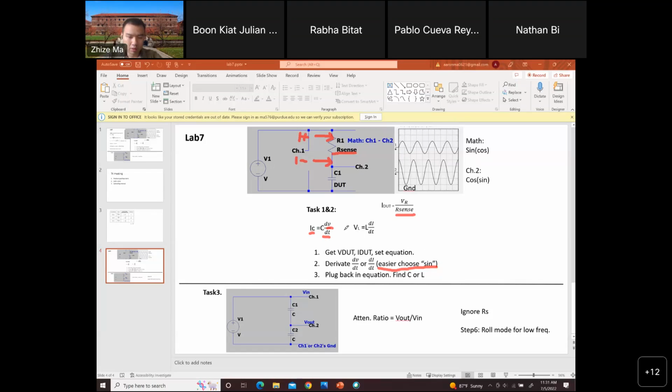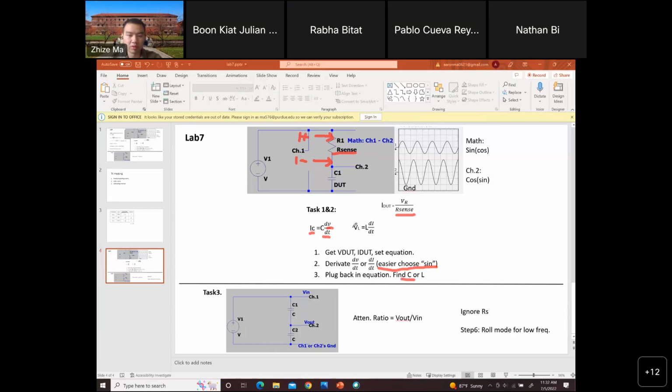After you get the calculation done, you should have a cosine wave on the left side of your equation and also a cosine wave on the right side of your equation. Then you can cancel them, and at the end you should only have a value for the capacitor.